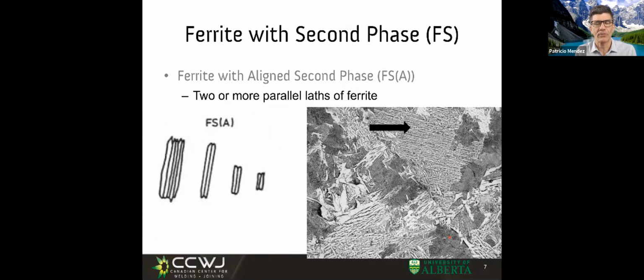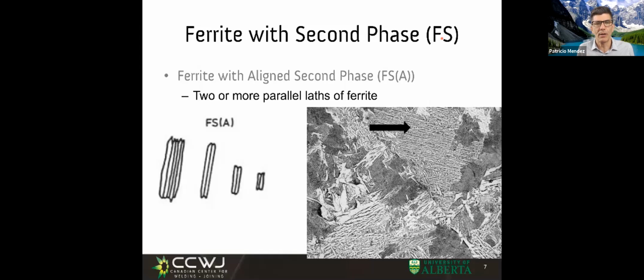Other microstructures that are also a mix of diffusional and displacive transformation nature, right? That fall under this bainite part on a CCT. We call them ferrite with second phase, obviously. Ferrite and some sort of carbides, right? Exactly what we would expect. And there are a number of subtleties about FS.